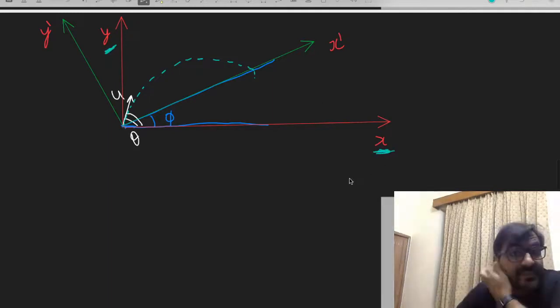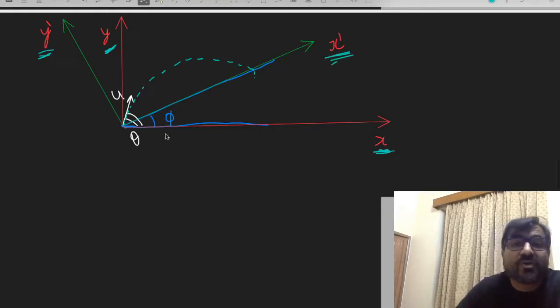Whereas if we take this as our axis, y dash and x dash, we know for sure that when it lands, the displacement in the y dash coordinate would be 0.